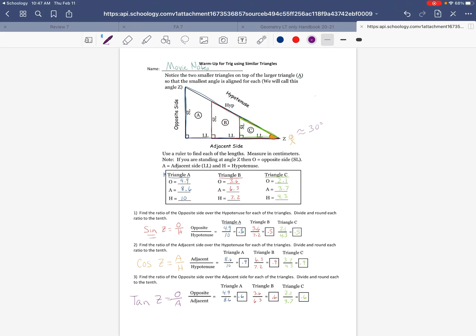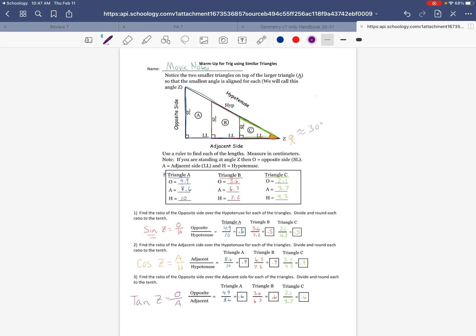They used to have books back in the day, and in fact in the late 80s, they came out with graphing calculators that had all these ratios in them. And so that is what we're using today, is the graphing calculators already have all these ratios programmed in, and we're going to use that to solve trig functions.